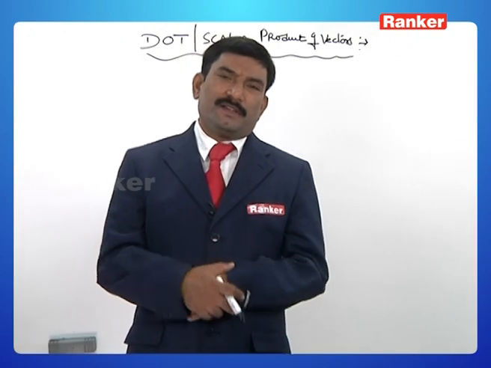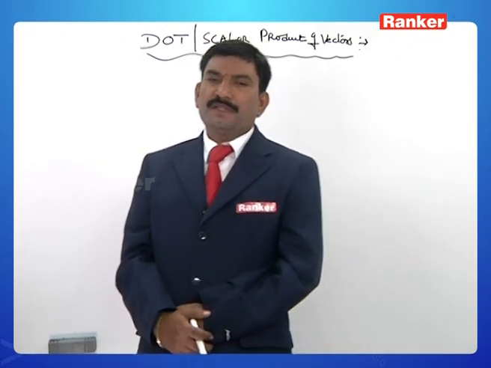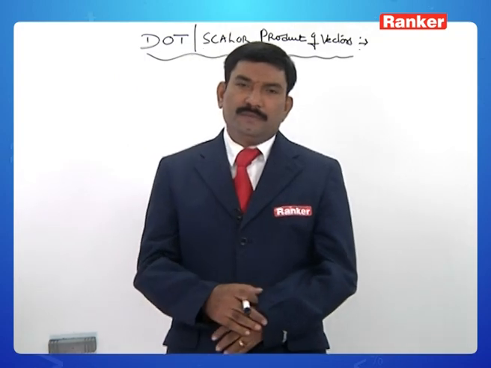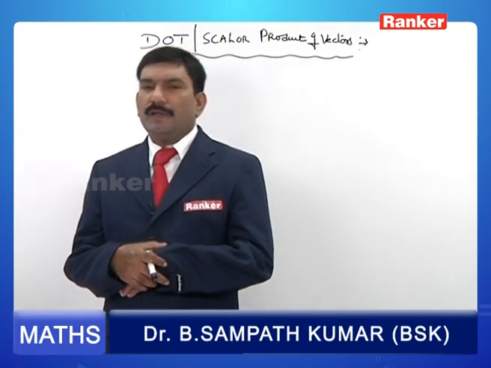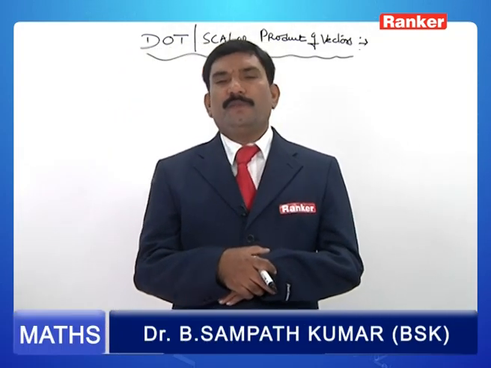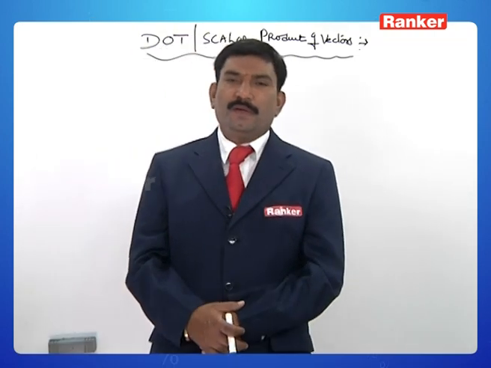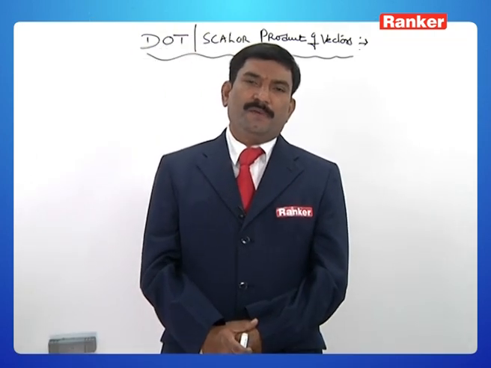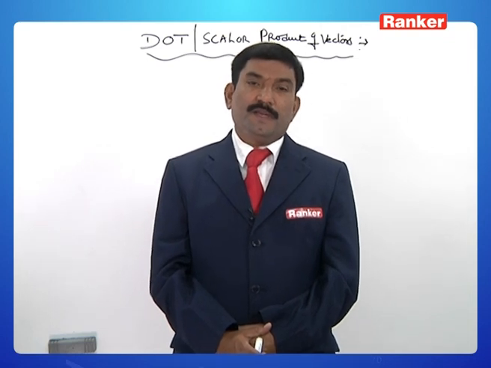In the last class, we came across the projection of A bar on B bar as A dot B by modulus of B bar, and the projection of B bar on A bar as A dot B by modulus of A bar.